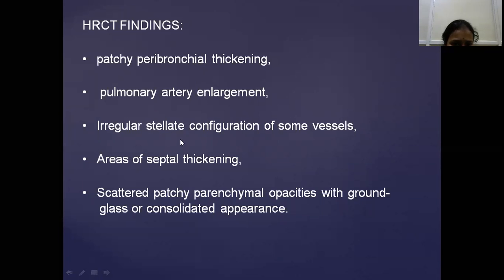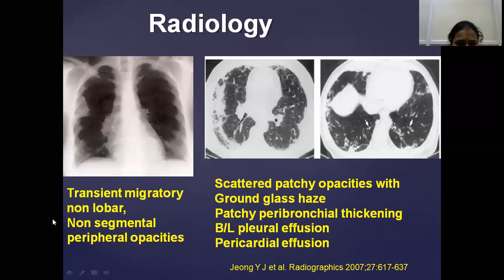There is patchy peribronchial thickening, some areas of septal thickening, and scattered patchy parenchymal opacities with ground glass or consolidated appearance. This is transient and migratory, and may appear as loculated pleural effusion and non-segmental peripheral opacities.